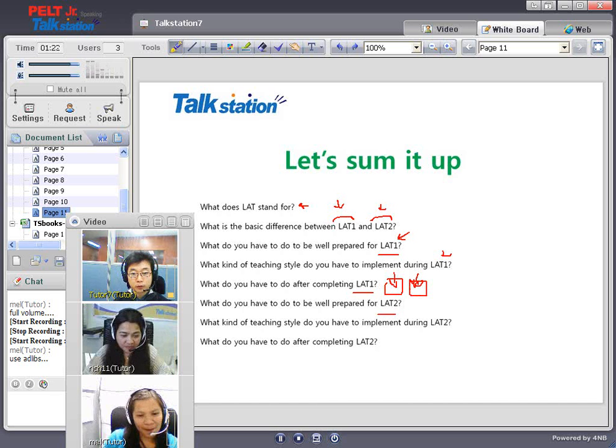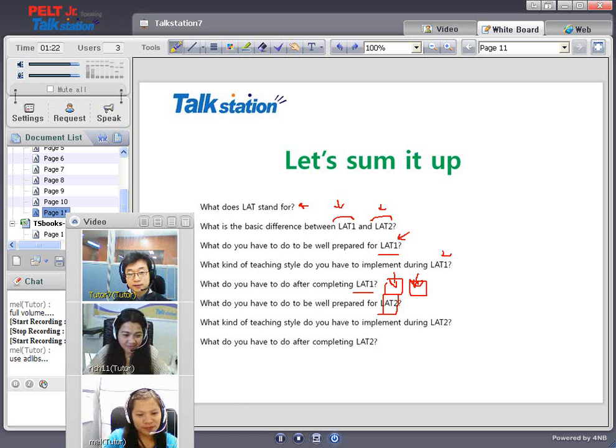And to be well prepared for the second LAT, what do our tutors need to do? They need to check the first LAT report. Exactly. And talking with the first tutor would help a lot, right? Yes, sir. Figuring out the student's tendency, everything regarding the class, regarding the student would help a lot.